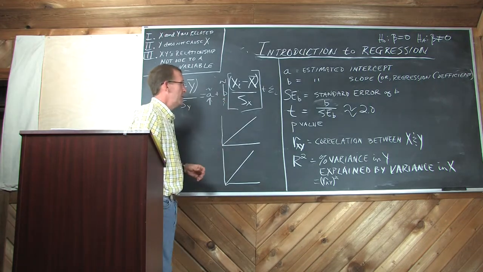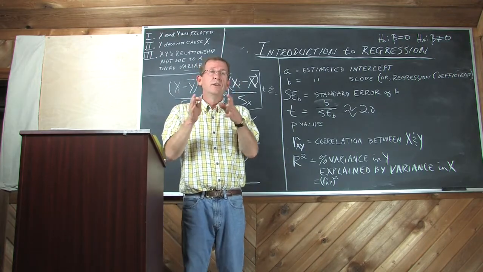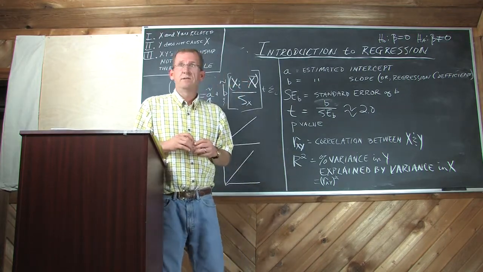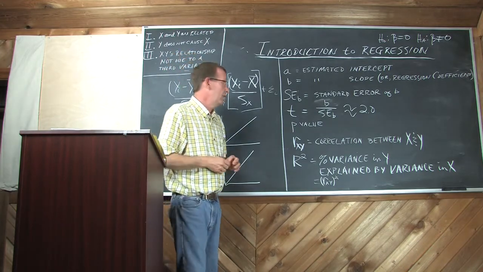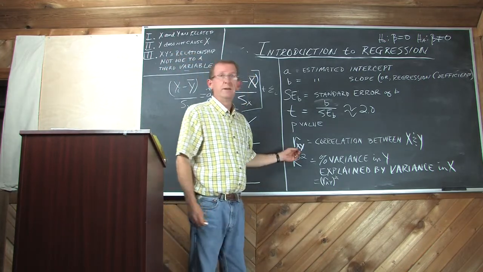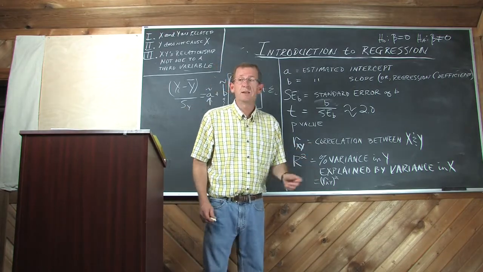The coefficient here, B now, is going to be something really important, really strong, and used all the time in social science research, and used even in common everyday language. It's the correlation between x and y, denoted small letter r with the subscript xy.